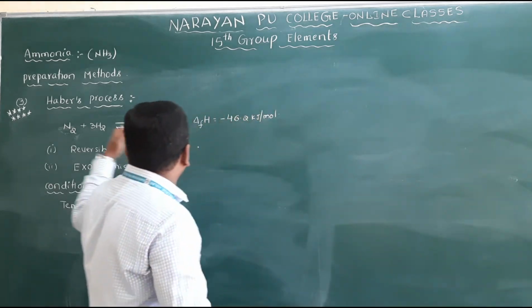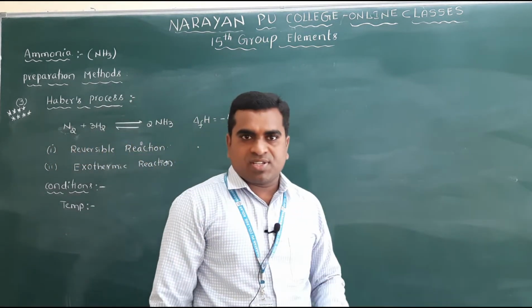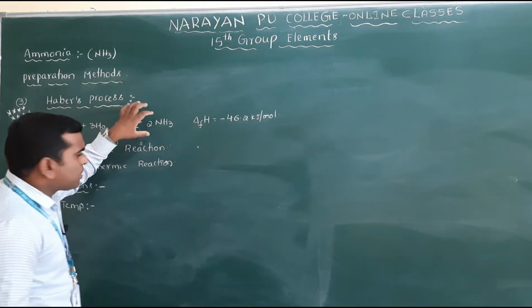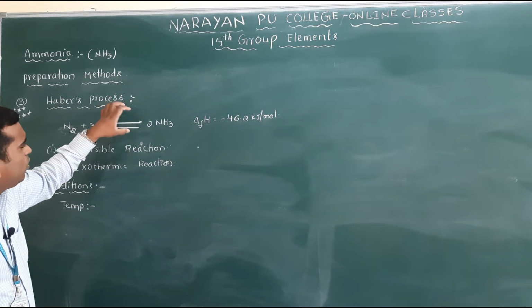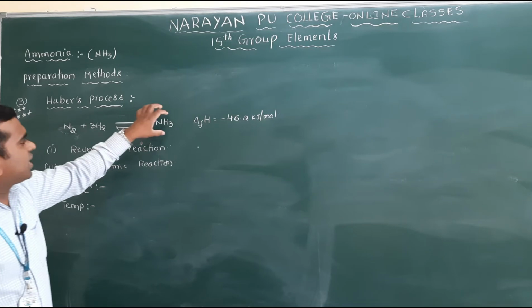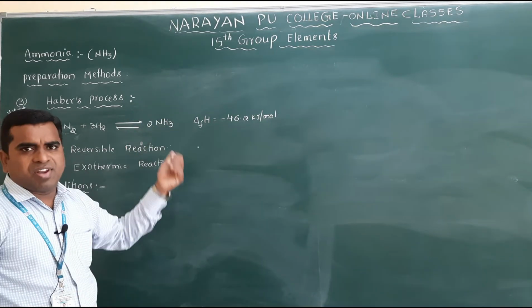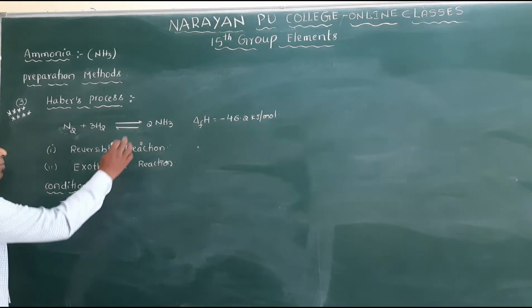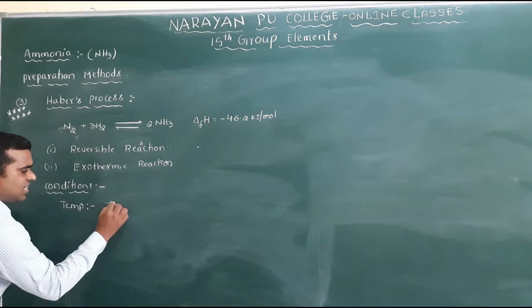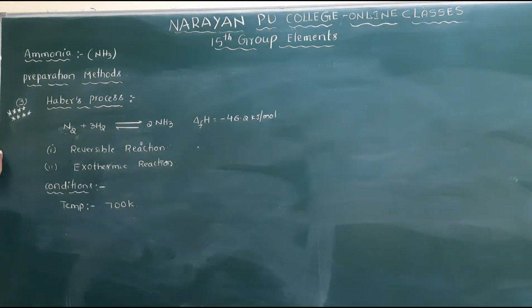But experimentally, if we maintain low temperatures for this reaction, we get a very, very small yield of NH3. So the optimum temperature for this reaction is 700 Kelvin.